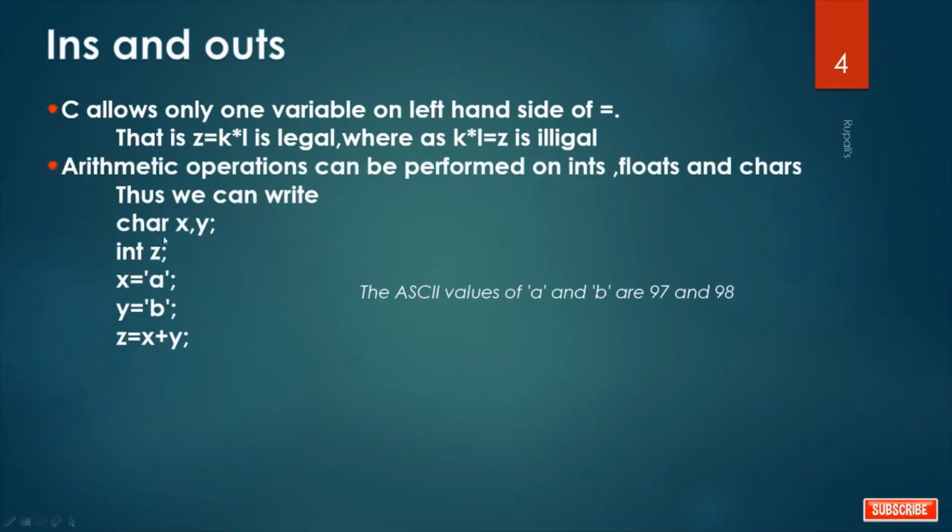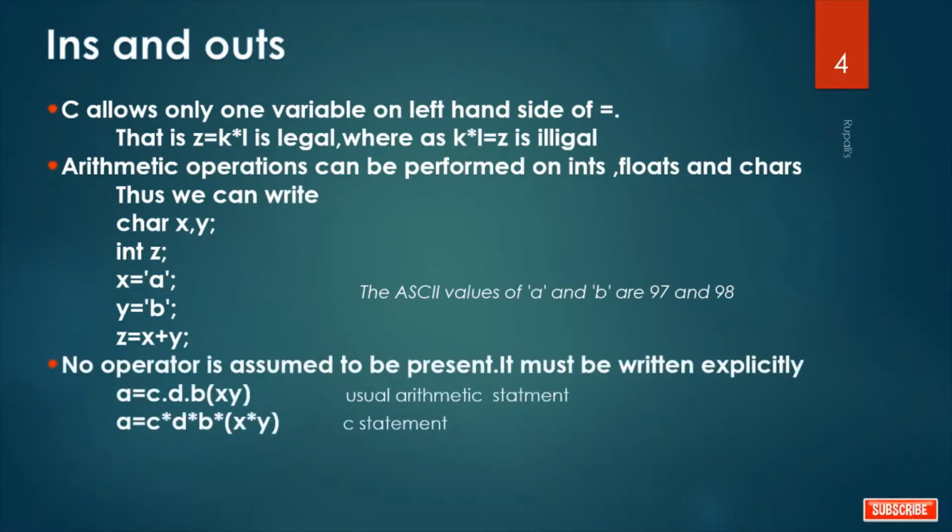If I declare char x, y and int z, and in x I store character a and in y I store character b, and when I write z equals x plus y, actually the ASCII value of a and ASCII value of b will be added. So ASCII value of small a is 97 and ASCII value of small b is 98. So the result is 97 plus 98.